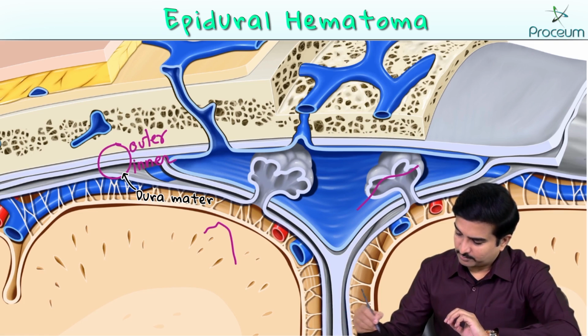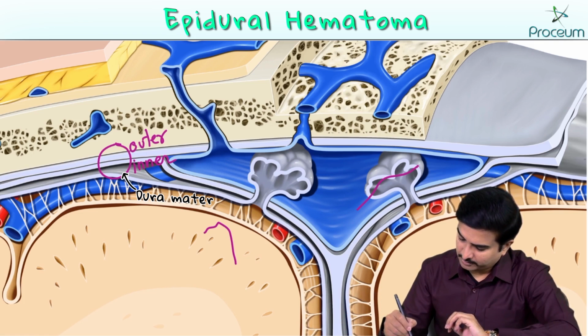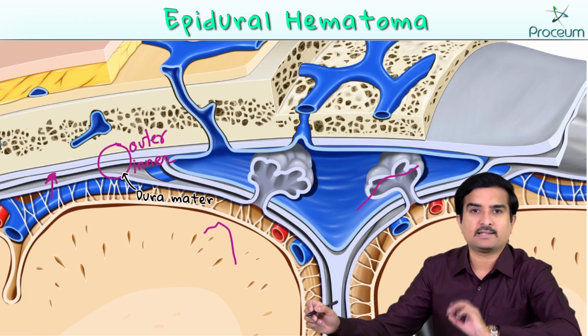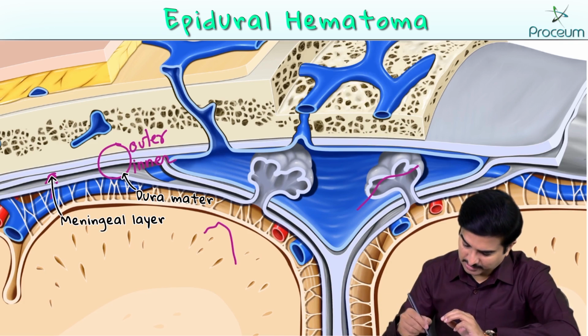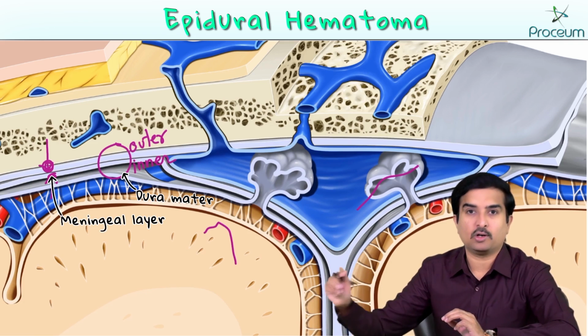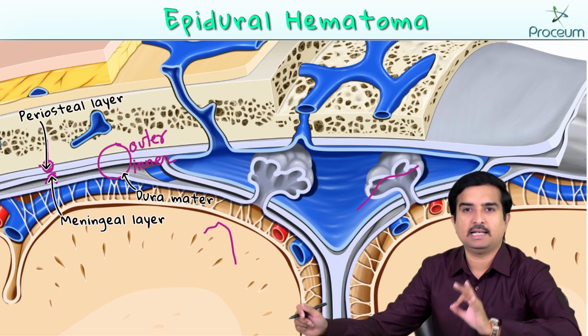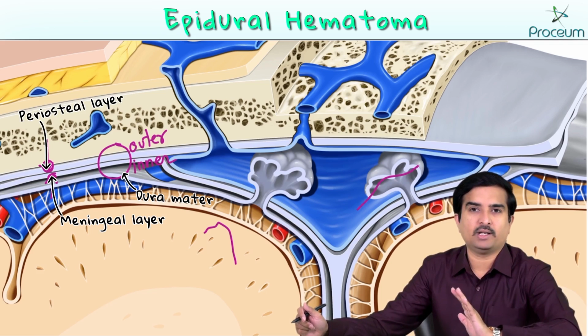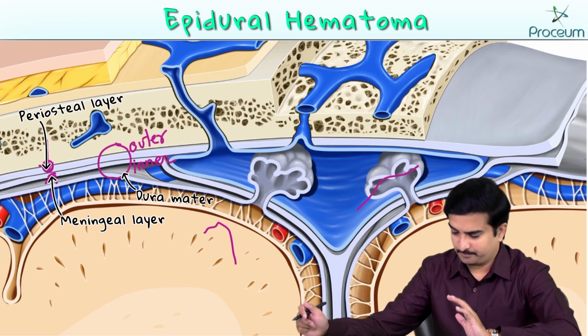The inner one, we can appreciate very clearly, is called the meningeal layer, and the outer one is called the periosteal layer. Inner one is the meningeal layer and outer one is the periosteal layer.